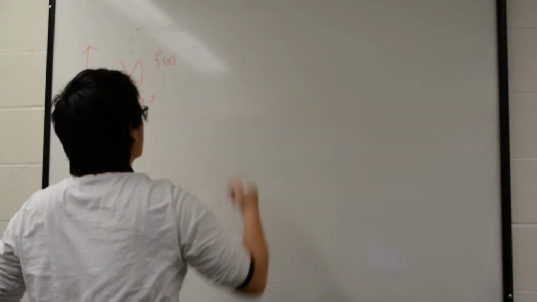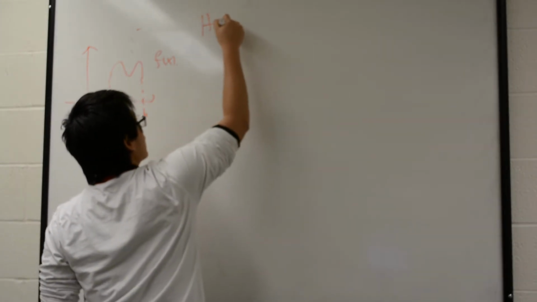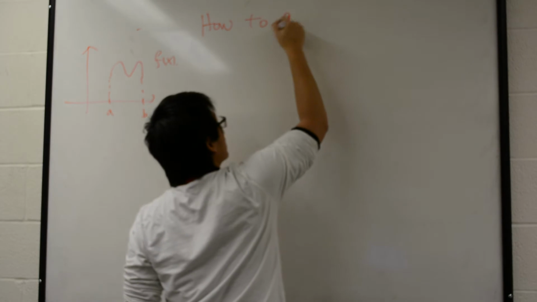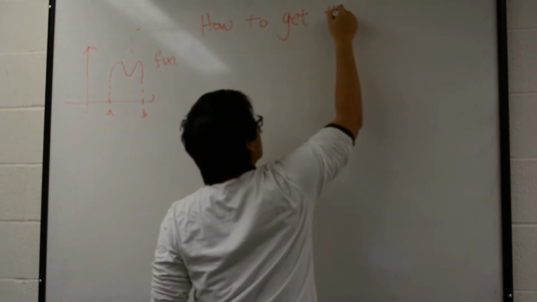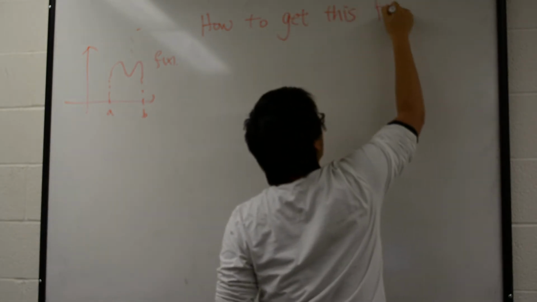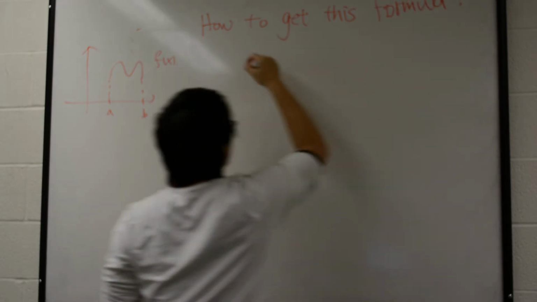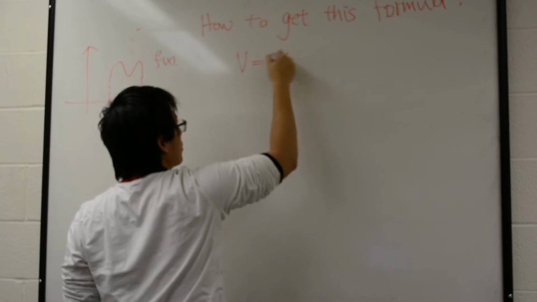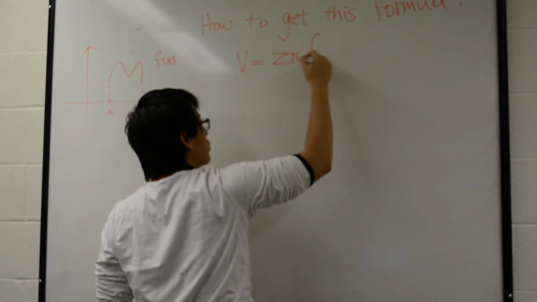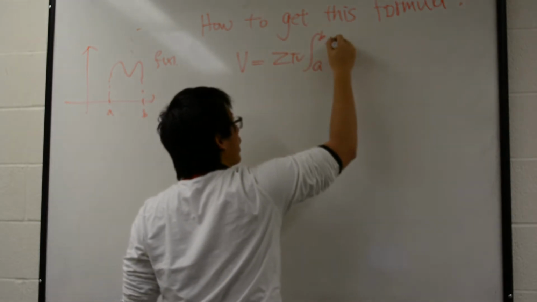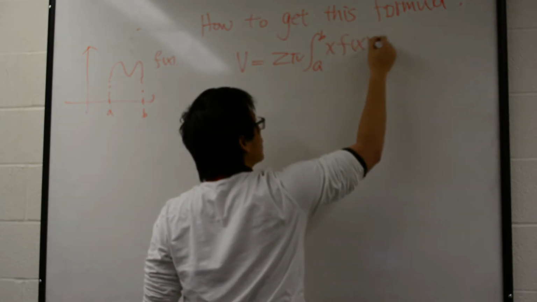So the next question is how to get this formula. The formula is V equal to 2 pi times the integral from a to b of x f of x dx.